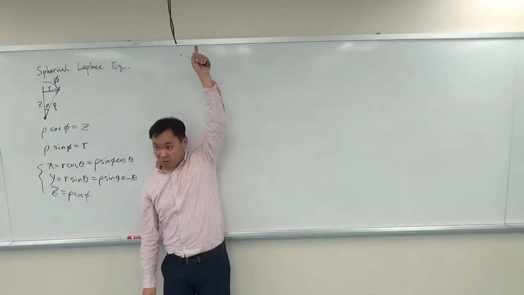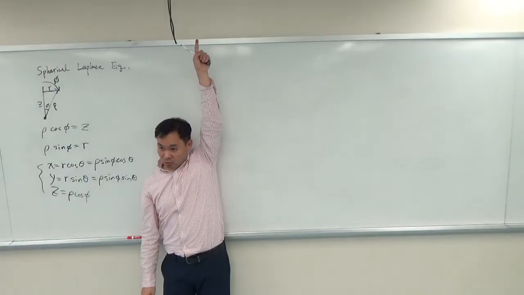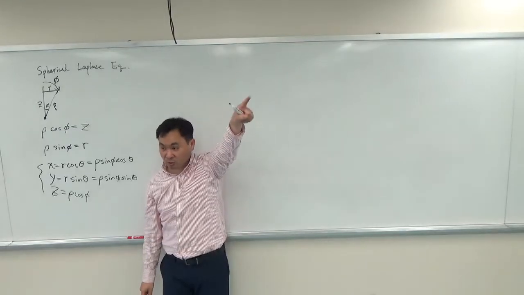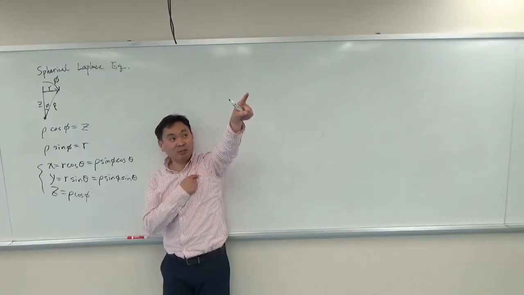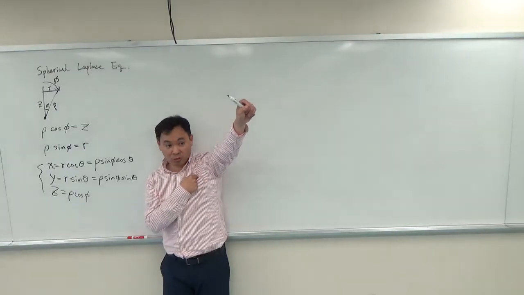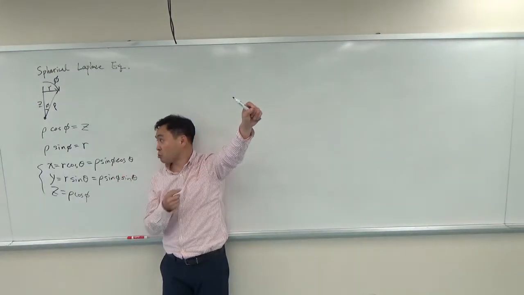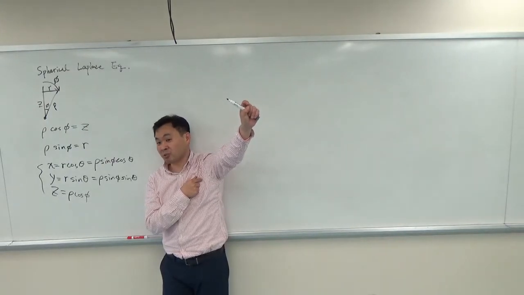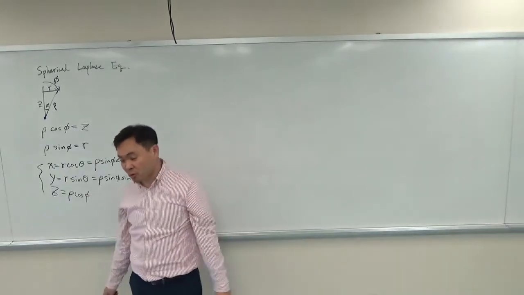And from the North Pole, you draw down a vector until you hit that point. This angle is called phi. And the distance from that point to the origin is called rho. Okay, so using the three numbers, rho, theta, phi, we have the description of any point in space. So that's called the spherical coordinate system.